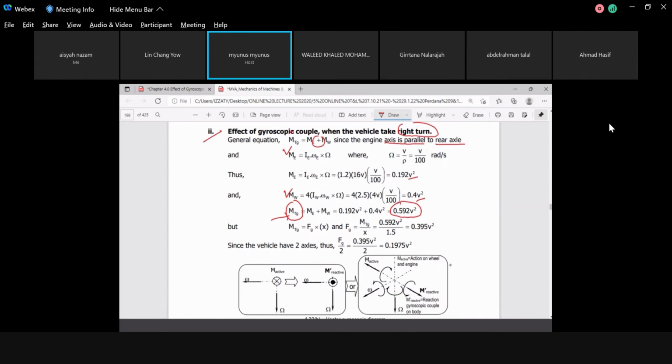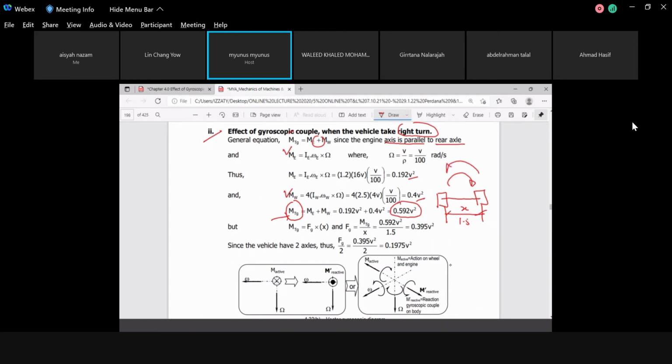Then you know that you have to transfer this moment by the axle. This is the axle, this one is the wheel, and the distance is x. This x is 1.5. You do not know where the moment is; the couple could be that way, or it can be the other way.